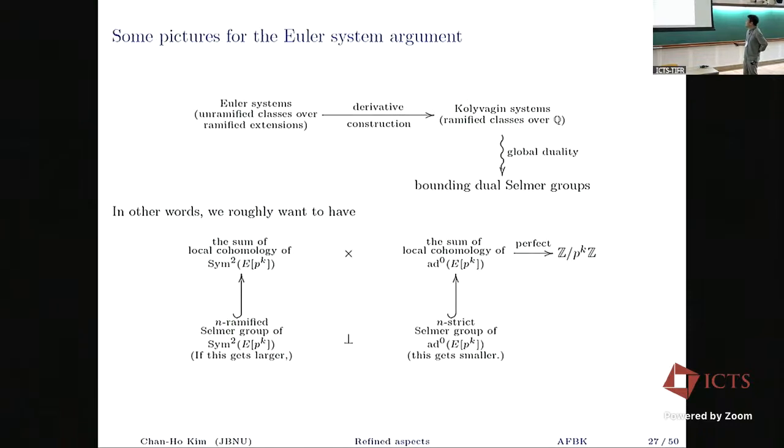This is the Euler system, the Kolyvagin system, getting a bound, and we get more ramified cohomology classes here. Then we get more strict Selmer groups on the dual side. So if we make the Selmer groups where the Kolyvagin system lies bigger and bigger, then the dual Selmer groups get smaller and smaller. This is how the picture goes.